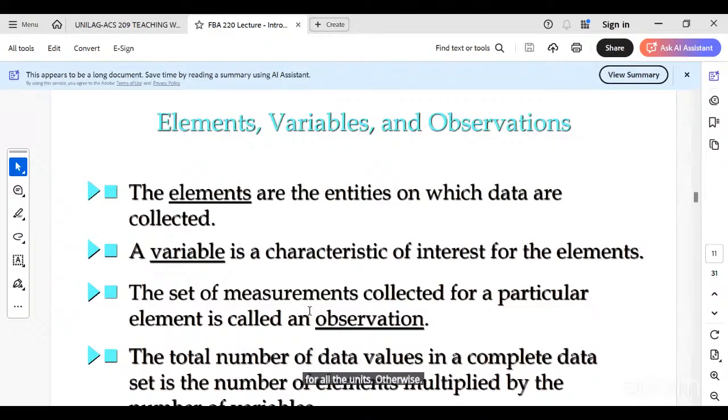Otherwise, it's a variable, because it can be different from one unit to another. Otherwise it will be a constant, because it will be the same for all units.